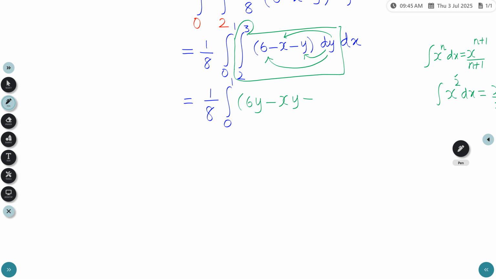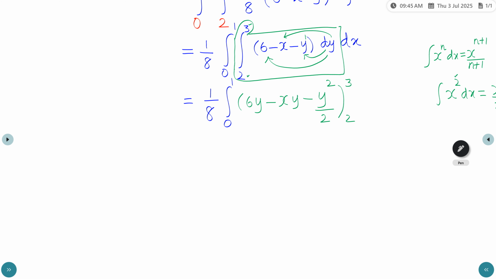So minus y dy will be minus y squared, already 1 is there, so n plus 1, so y squared by 2. So upper limit value 3, lower limit value 2, into dx.